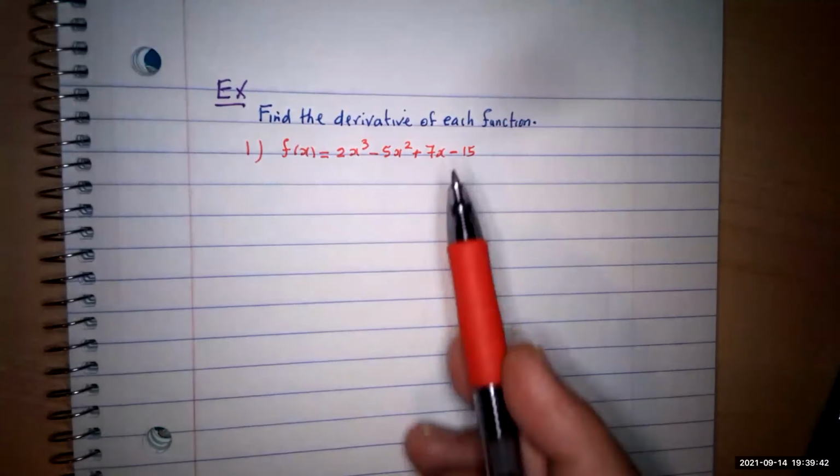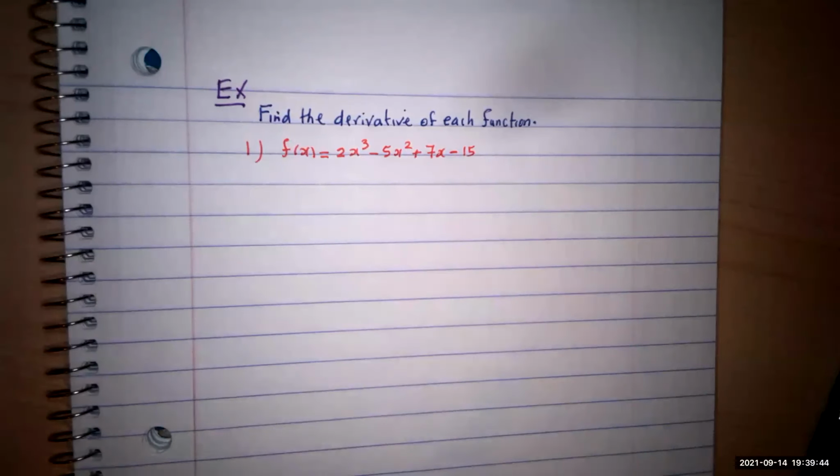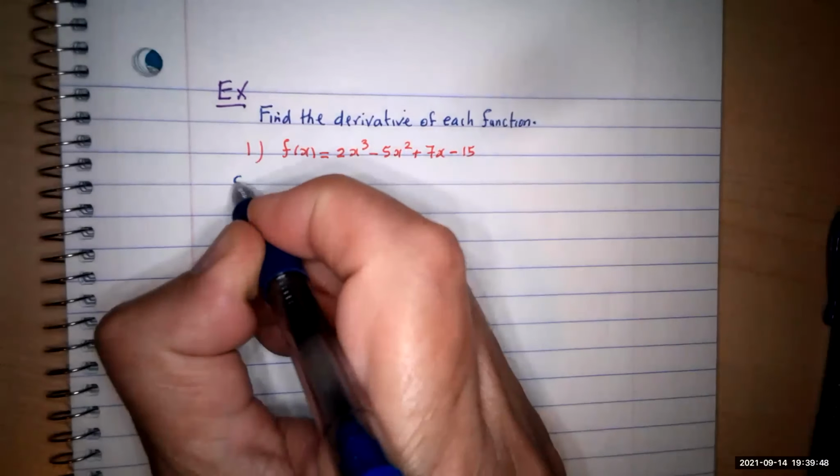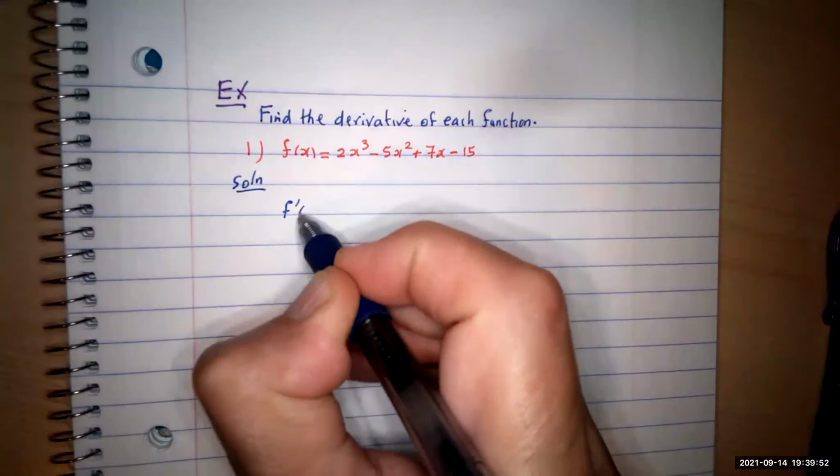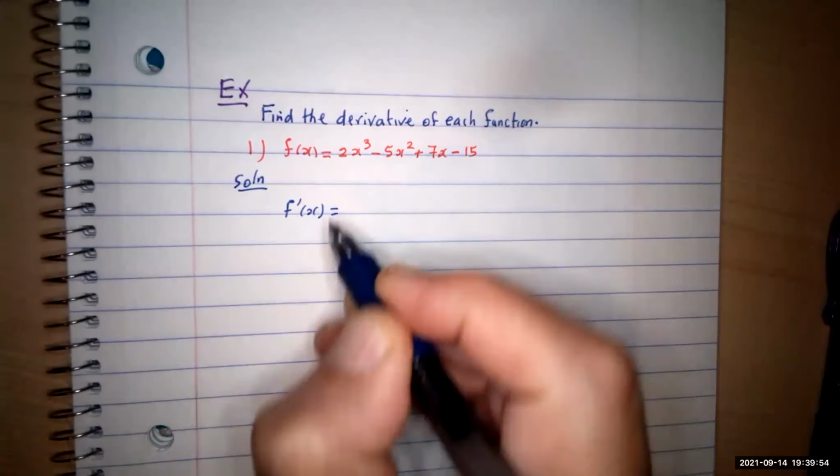I'm just applying the theorem, then I'll tell you when to write down the short form. So the solution is officially going to be f prime of x. We have to find the derivative of the first one.